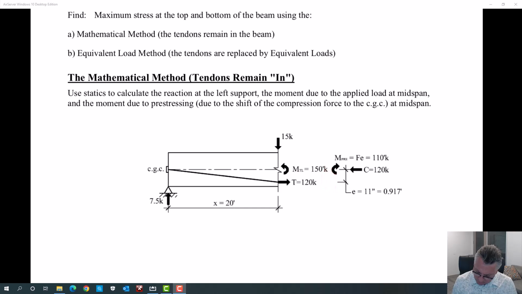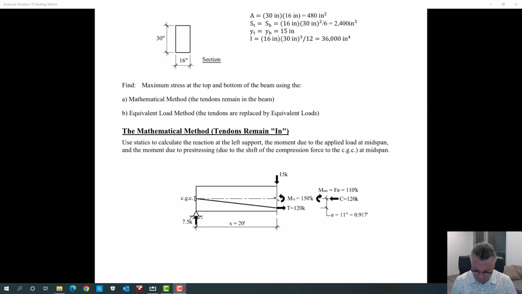Remember, moving this force from here up to here was creating a moment going that way. So the offsetting moment is going the opposite direction. So here's all the forces and locations that I'm considering.